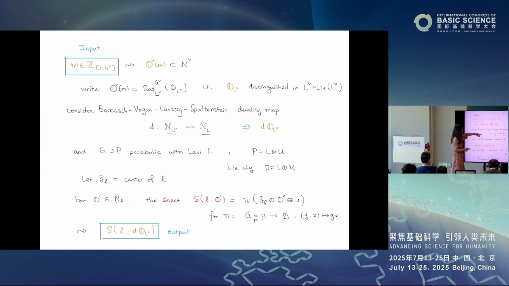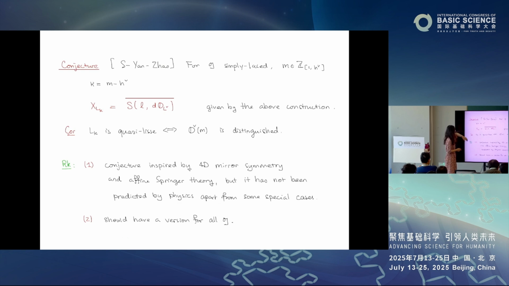So this happens only if your original orbit is already distinguished. And this can be computed for all the m. You can just read the list in the paper and see which ones are distinguished, and this gives you a list of values where, at least conjecturally, this L_k is quasi-lisse.